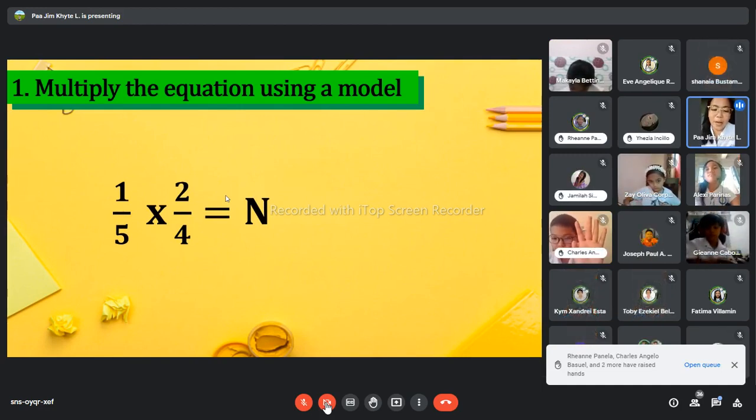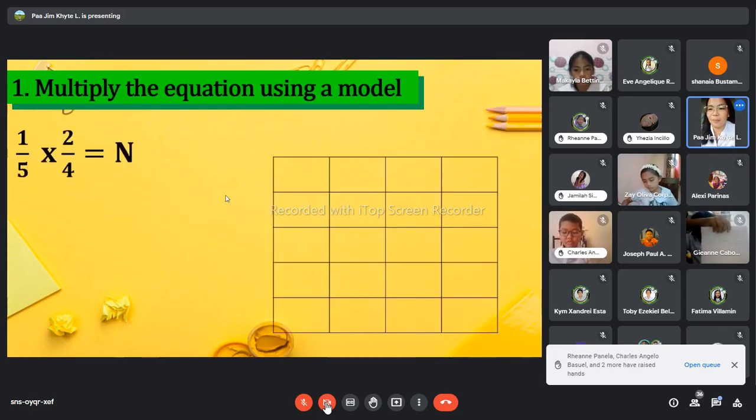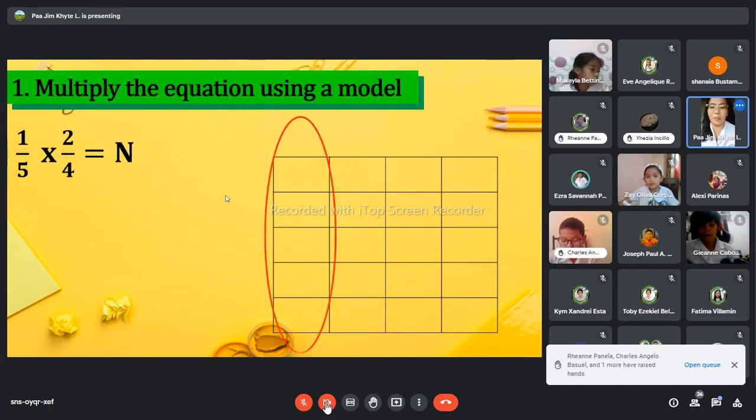Okay, show your answers on your screen. Let's see if your answers are correct. So our equation is 1/5 times 2/4 is equal to n. Let's take a look at this part. In this part, we will show the fraction or the model of 1/5.